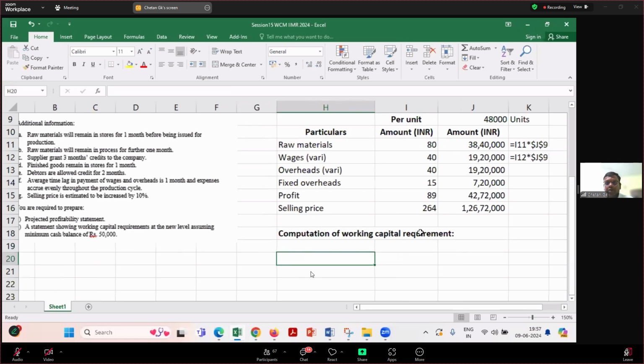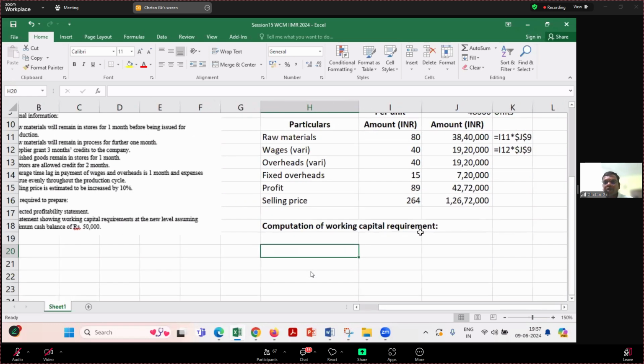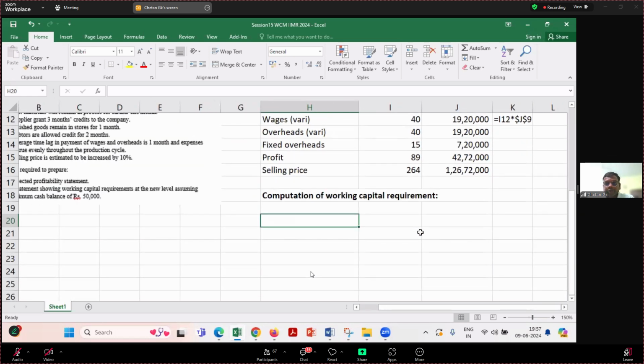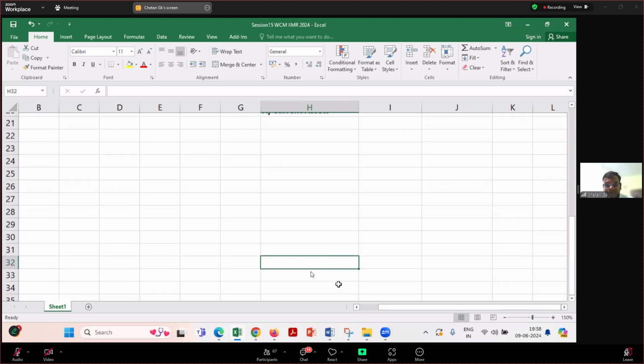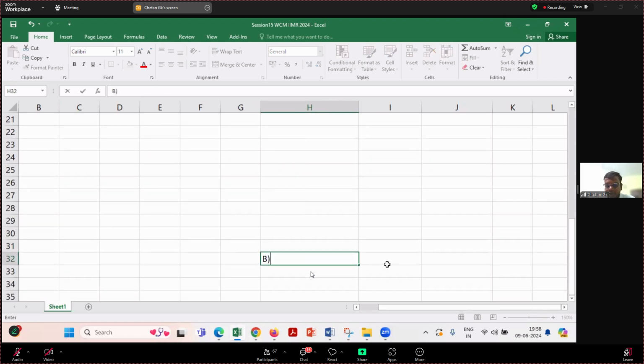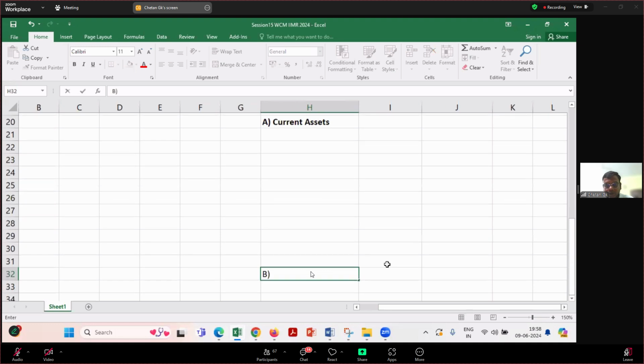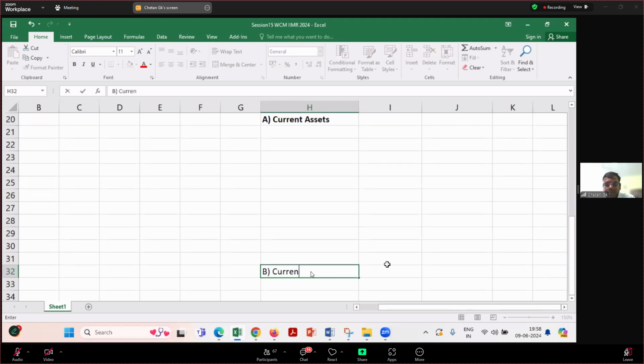In case of working capital requirement, the first item is point number A, current assets. Let us make it bold. And next is current liabilities. Somewhere I'll leave some space. I don't know how many rows it might take. Current liabilities I'll write.